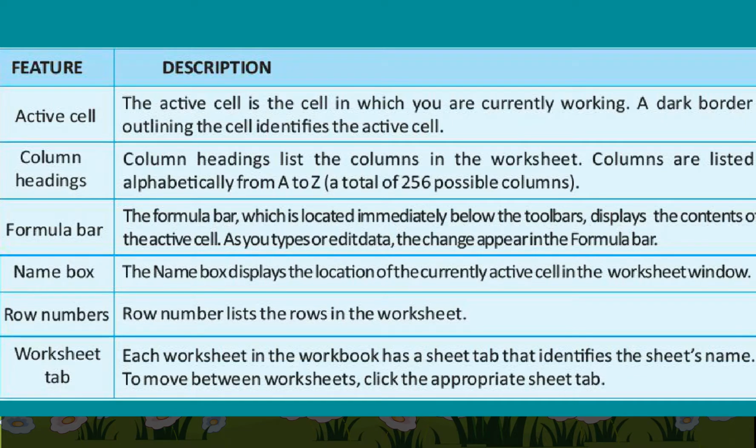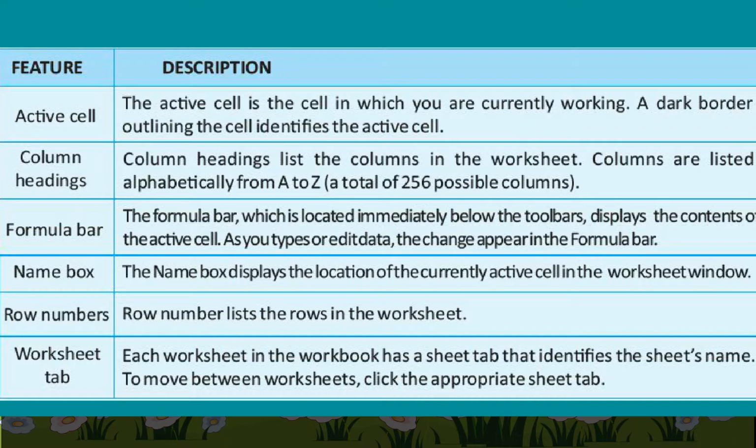Columns are listed alphabetically from A to Z, or a total of 256 possible columns. Formula bar. The formula bar, which is located immediately below the toolbar, displays the contents of the active cell. As you type or edit data, the change appears in the formula bar.